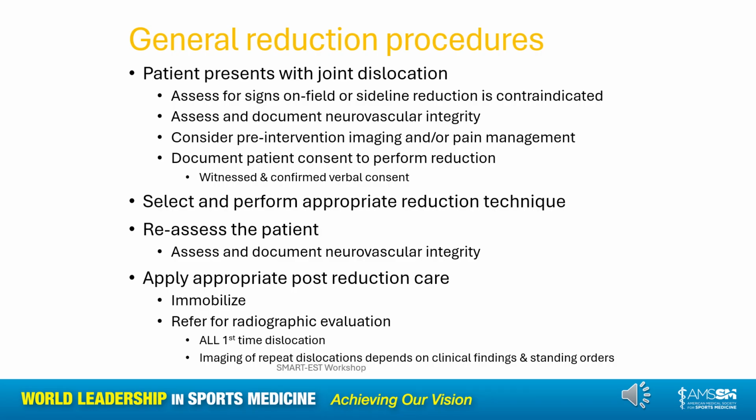You apply the appropriate post-reduction care, which is immobilization of the injured joint and referral for radiological evaluation. Keep in mind, all first-time dislocations should be referred for X-ray. Imaging of repeat dislocations really depends on the clinical findings you have and how that's dictated in your standing orders.